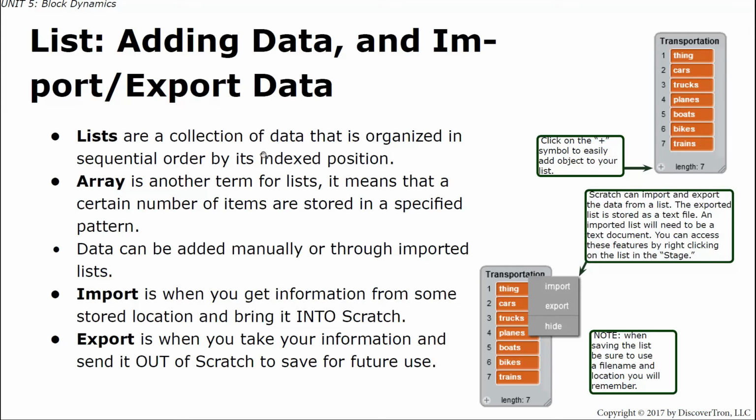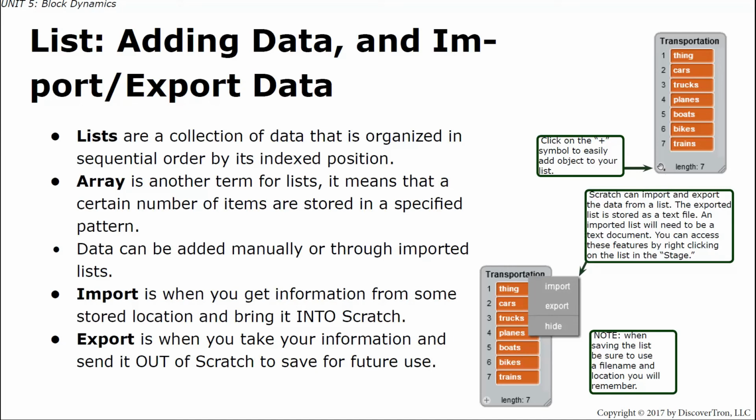We're going to stick with the term list because Scratch uses the word list, and I don't want to confuse you by constantly referring to them as array. If I accidentally call it an array, just remember that an array is a list in our little Scratch world here.